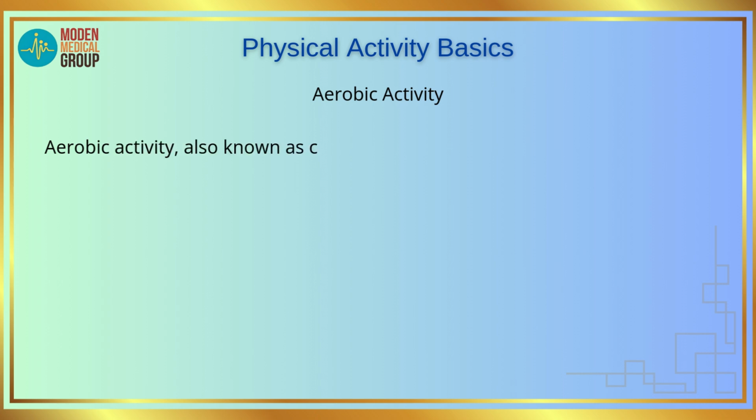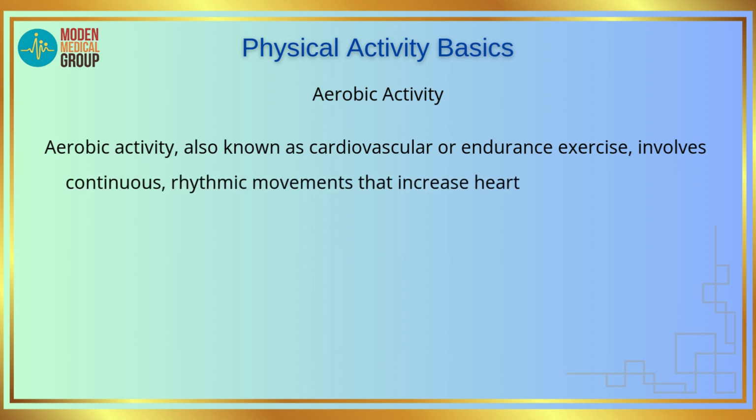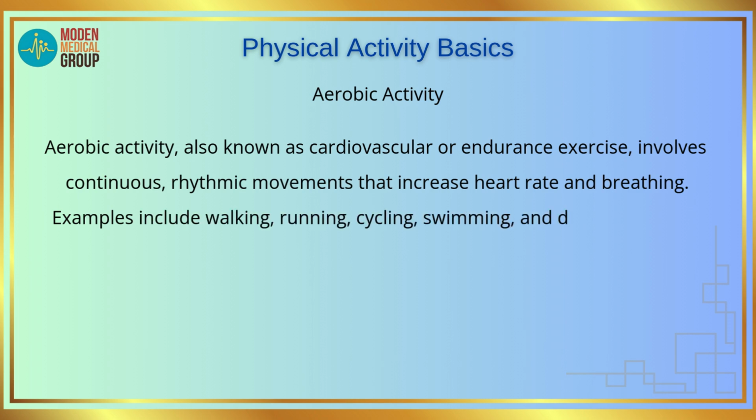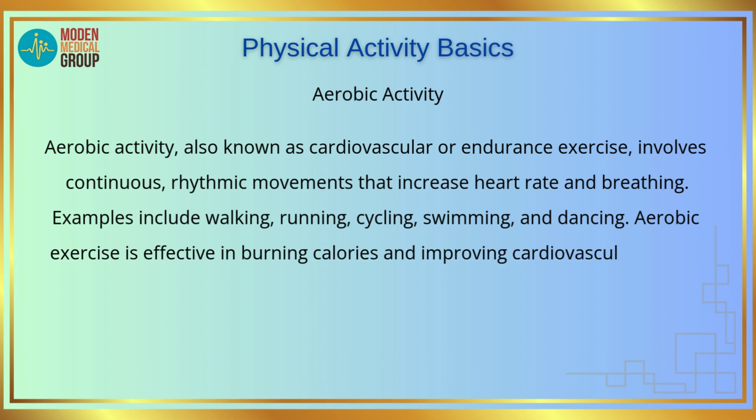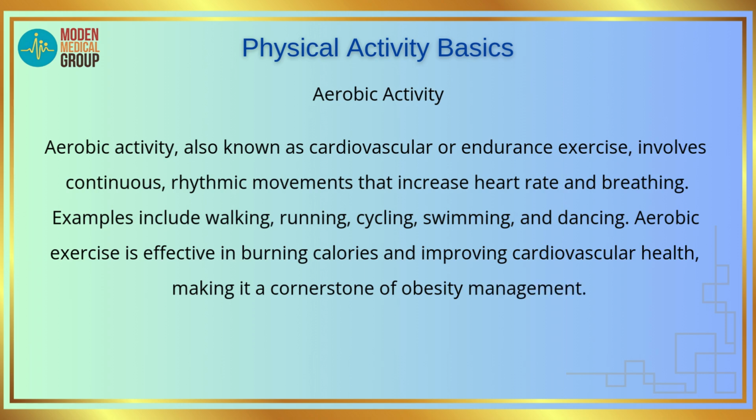Aerobic activity, also known as cardiovascular or endurance exercise, involves continuous, rhythmic movements that increase heart rate and breathing. Examples include walking, running, cycling, swimming, and dancing. Aerobic exercise is effective in burning calories and improving cardiovascular health, making it a cornerstone of obesity management.